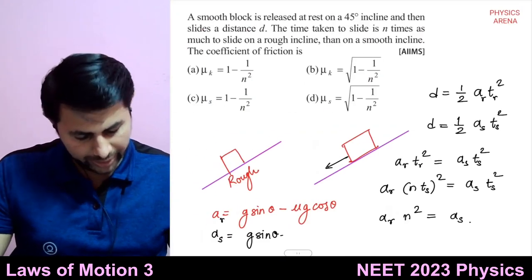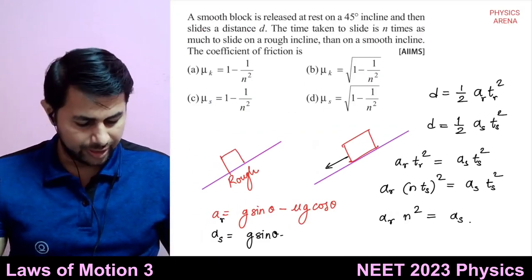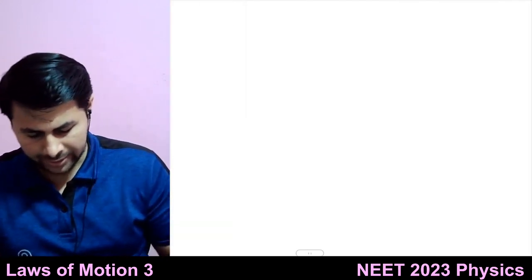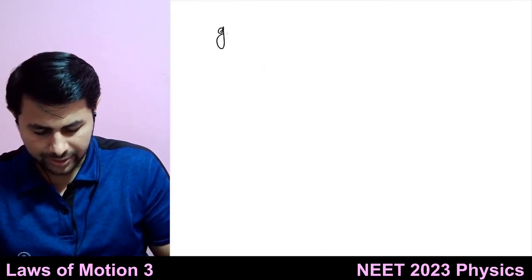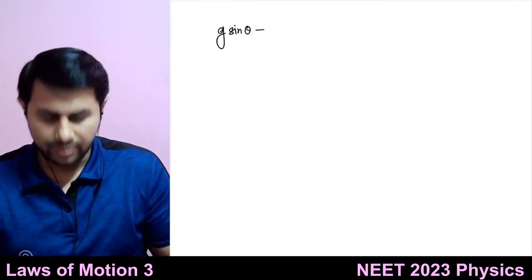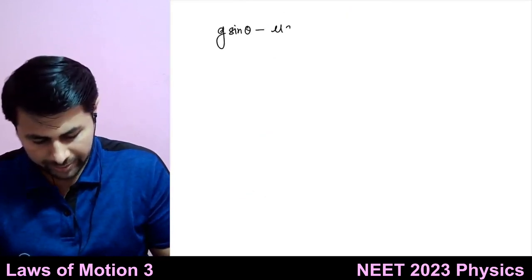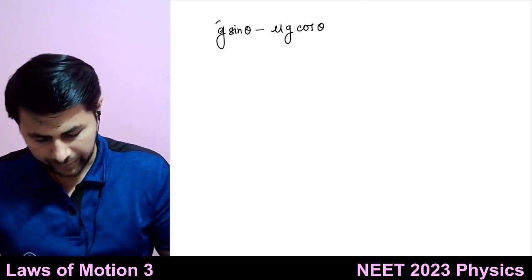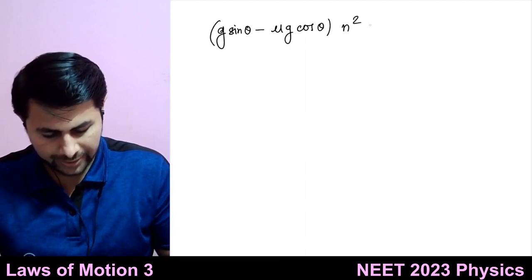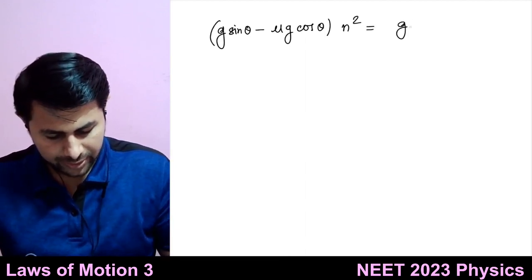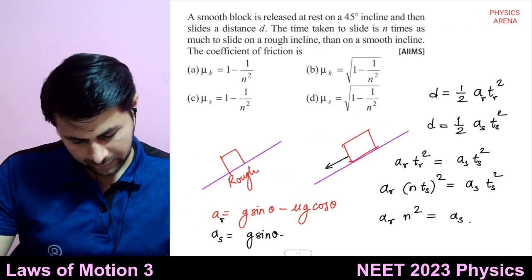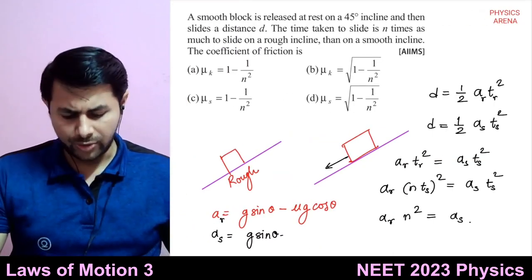All right, so I got acceleration on rough surface multiplied by n square is equal to acceleration on smooth surface. So acceleration on rough surface is g sine theta minus mu multiplied by g cos theta, multiplied by n square is equal to g sine theta, and it is 45 degrees.